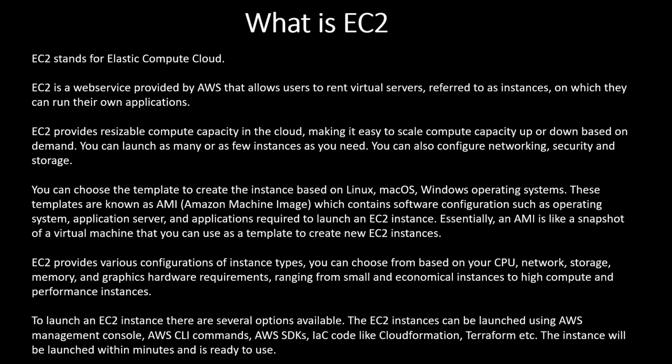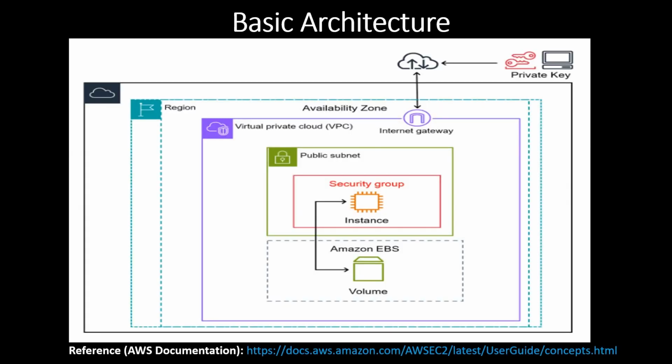So let us now see a basic architecture of EC2, how it is placed in the AWS infrastructure. This is the basic architecture diagram of an EC2 instance deployed within a VPC. This is taken from AWS documentation, for which I will provide the reference link in the description box.